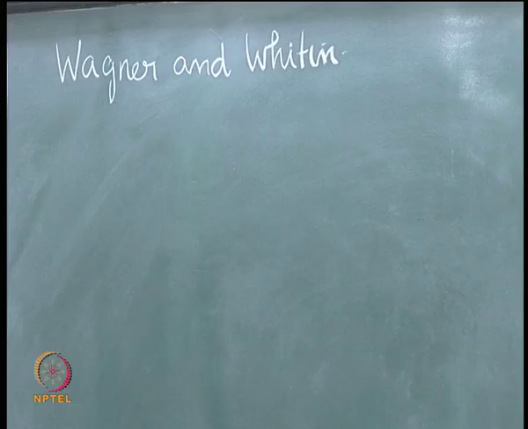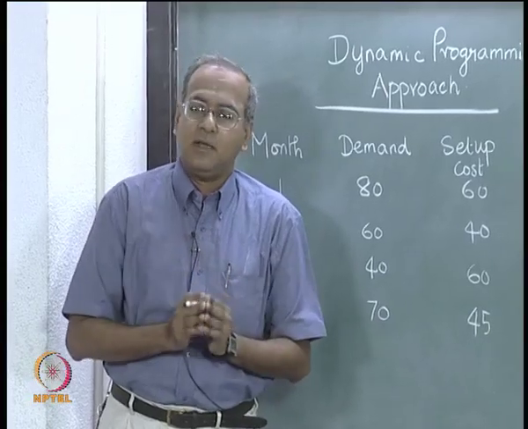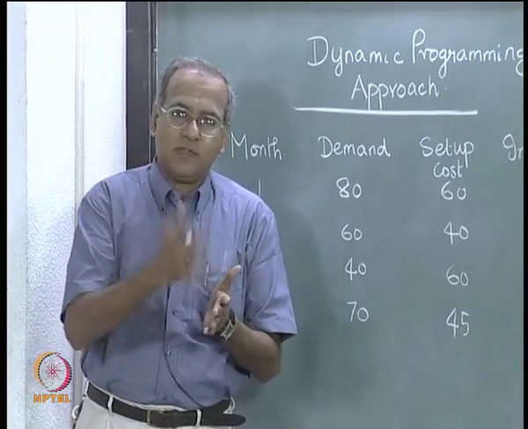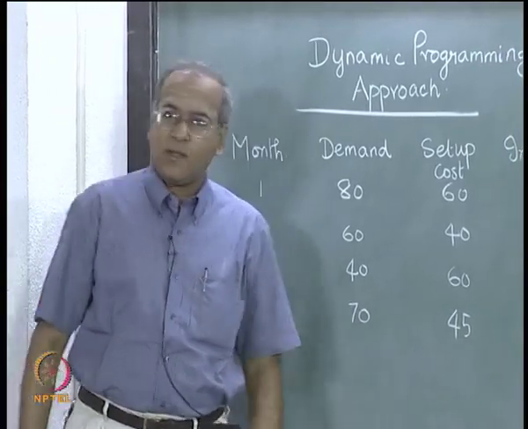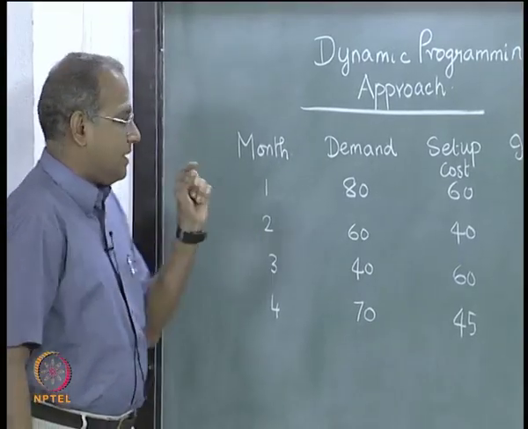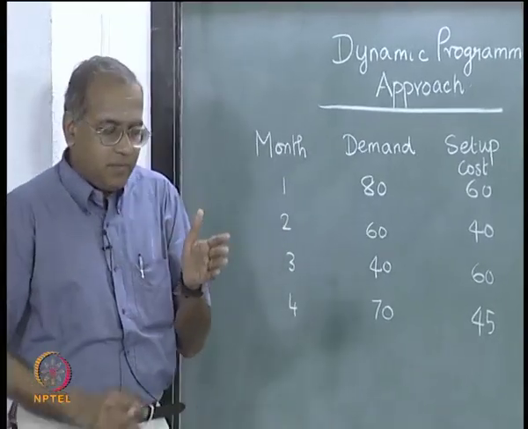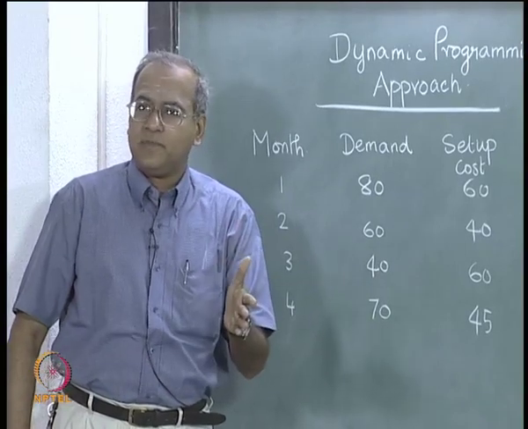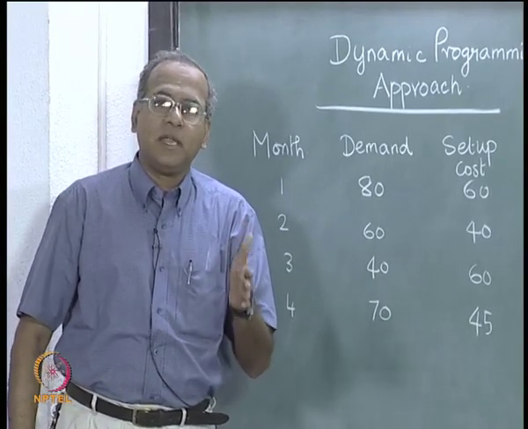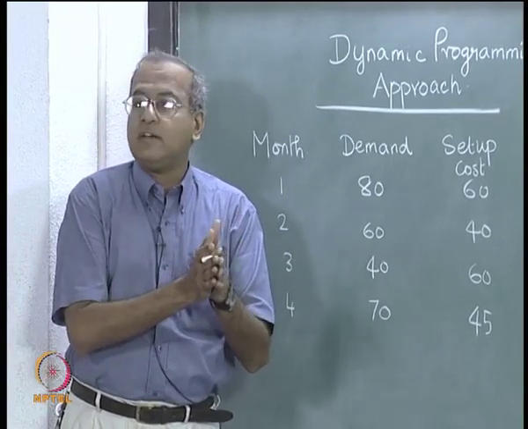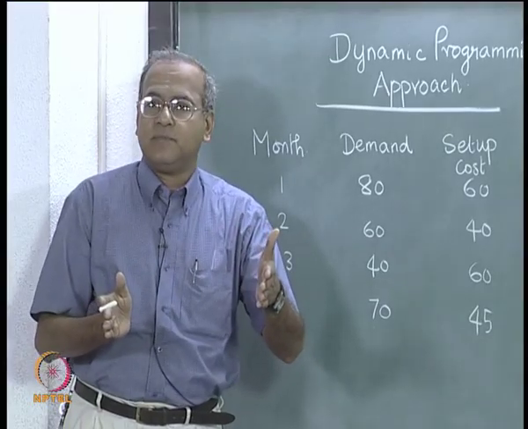The Wagner-Whitin idea or principle is as follows. There are 4 periods, and we are going to assume that we make decisions on production at the beginning of each of these 4 periods. It is only logical that if we produce in a certain period, then we will have to meet the demand of that period at least.